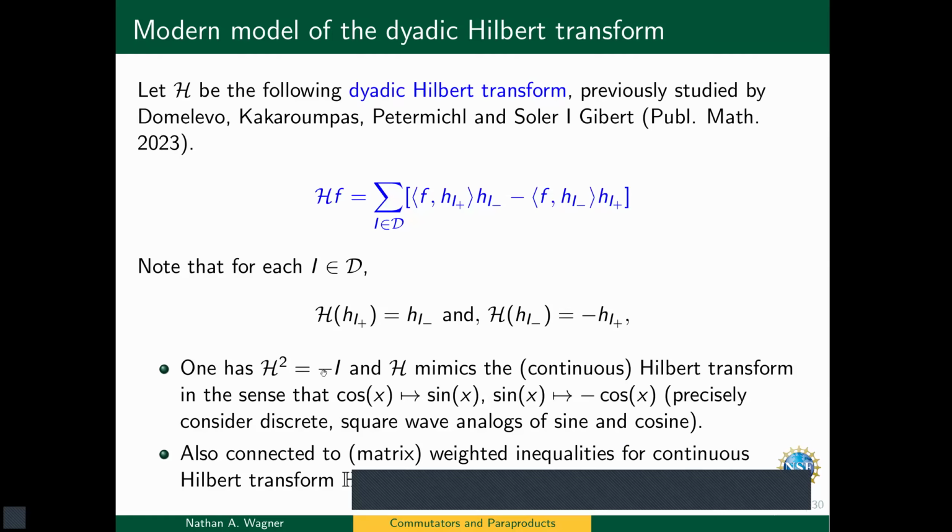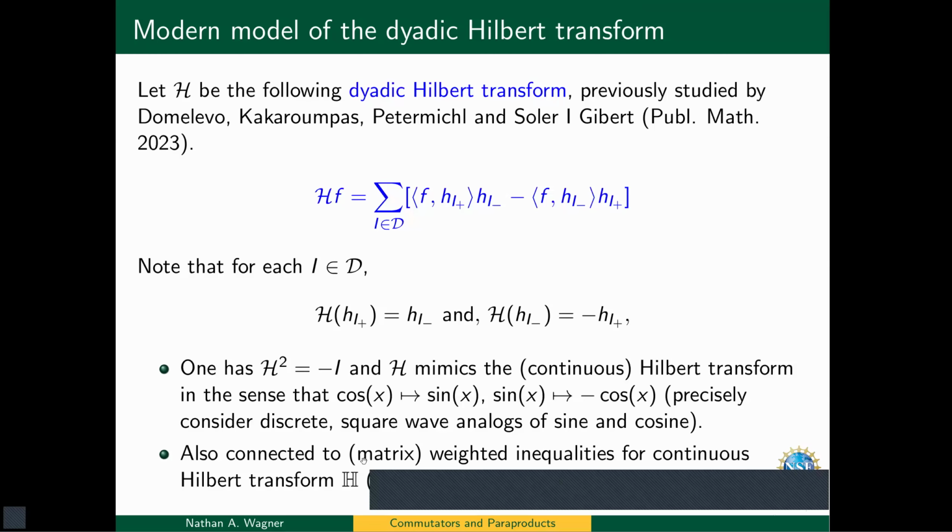One reason is that H squared is equal to minus identity. Okay, so you have this anti-self-adjoint property. And there's sort of square wave analogs of the fact that the Hilbert transform maps cosine to sine and sine to negative cosine, right? And so if you compute what this operator does on Haar functions, you'll see that this comes up.